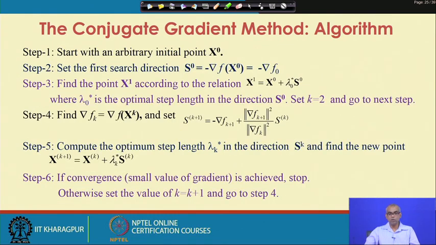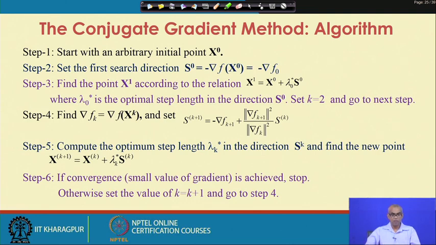So, what is the algorithm for the conjugate gradient method? In step 1, we start with an arbitrary initial point x 0. In step 2, we set the first search direction as s 0 equal to minus gradient of f at x 0, which is the same as the steepest descent method.